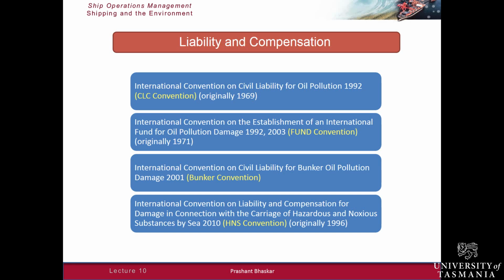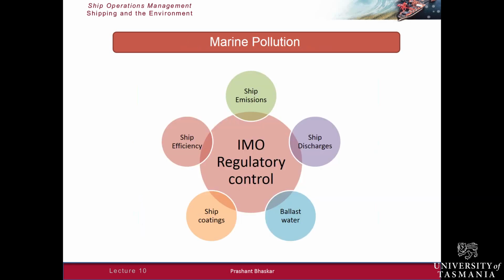So if we look overall at the IMO regulatory control to prevent and control pollution, this slide basically shows you the five major areas where the IMO efforts have been targeted. Looking at the top of the slide, you've got the ship emissions. There are some IMO requirements concerning the emissions from ships' engines.